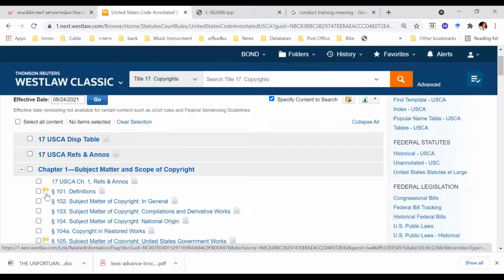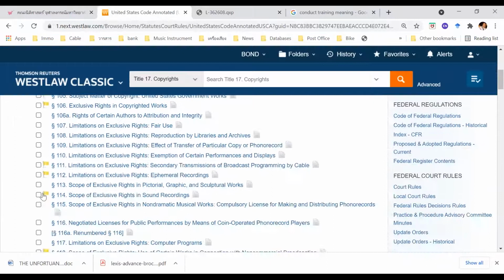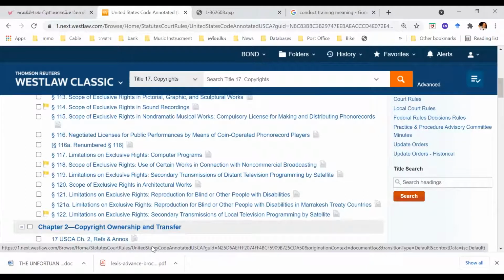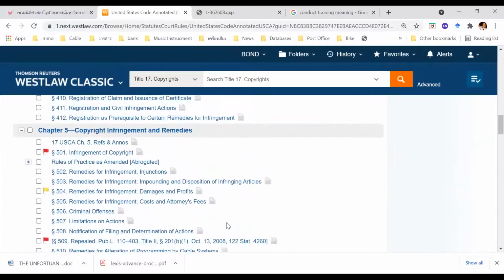They give you the same idea as for a case, the yellow flag and the red flag too. So I'm looking for copyright infringement, chapter 5. I go to chapter 5, copyright infringement. So this is infringement of copyright.